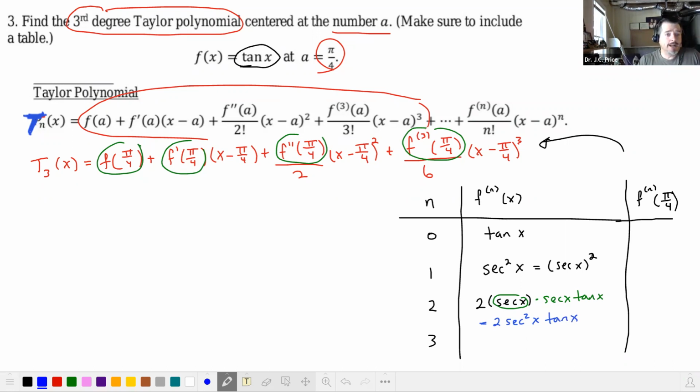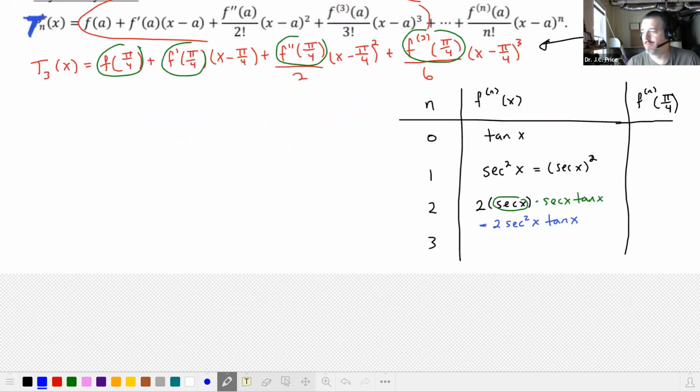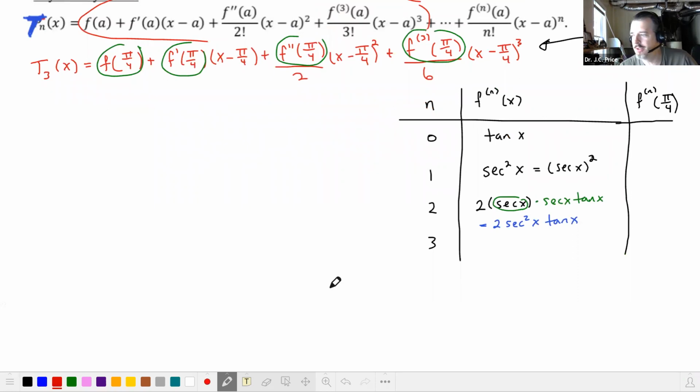And I wish I was done, but I'm not. I got to do it one more time. To take a derivative of this, you have to use a product rule. You basically have a first function and a second function. The 2 is going to pop down on that 2, and you get 4 secant x times the derivative of its inside, which again is secant x tan x.